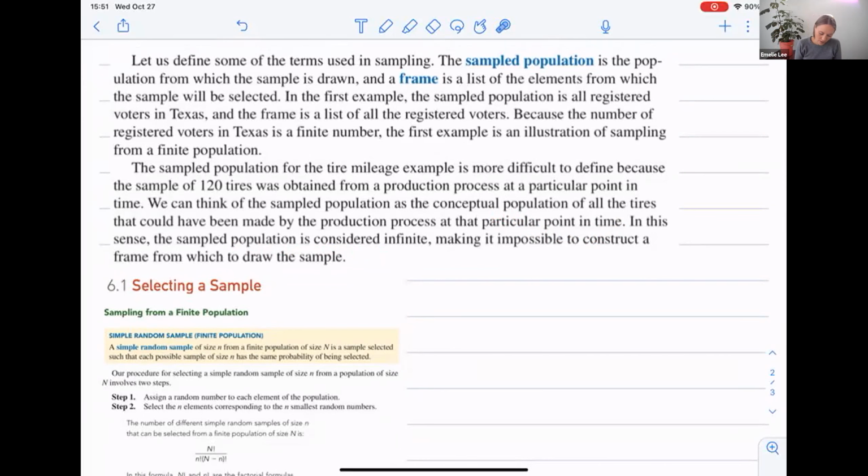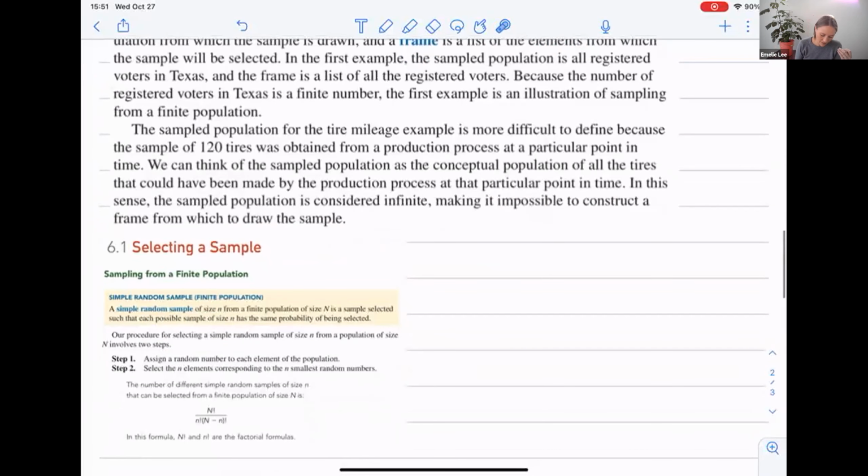And so now we have this kind of infinite idea, and we can't really make a frame to draw from. But we have these 120 tires that they produced for this purpose, so of course that's our sample. But the idea that we could have produced any tire is kind of mind-boggling.